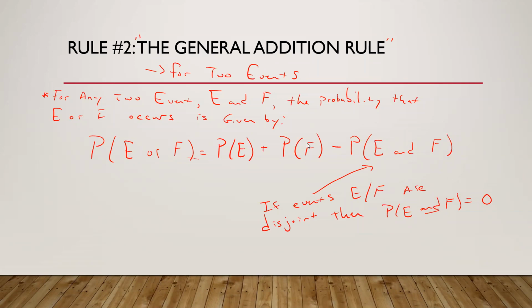Where you put if events E and F are disjoint, then these parentheses. Oh, that's a parenthesis. I'm sorry. That's okay. My chicken scratch is terrible. It's one of the requirements in the job interview for being a professor: you have to prove you have bad handwriting.